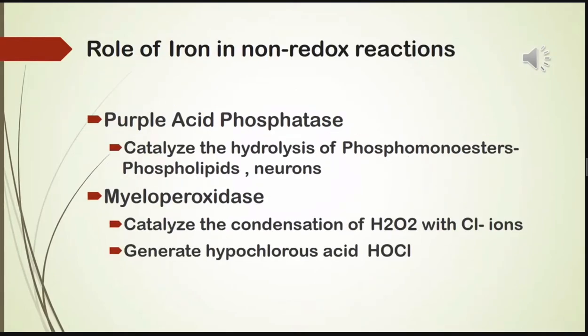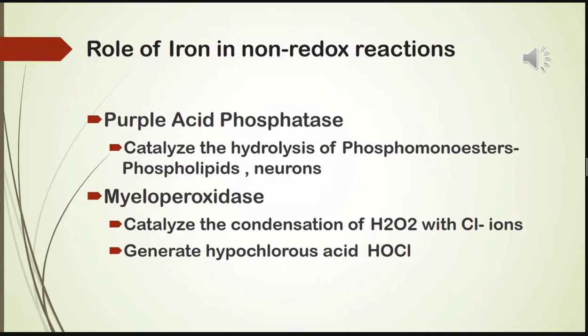Iron may also have a role in non-redox reactions, an example of which is your purple acid phosphatase. Your purple acid phosphatase catalyzes the hydrolysis of phosphomonoesters. Examples are your phospholipids found in your neurons.